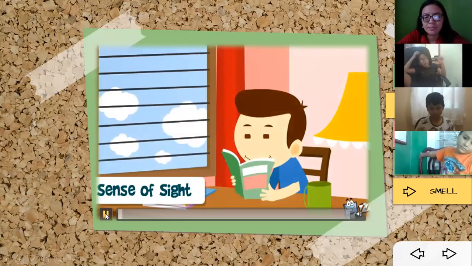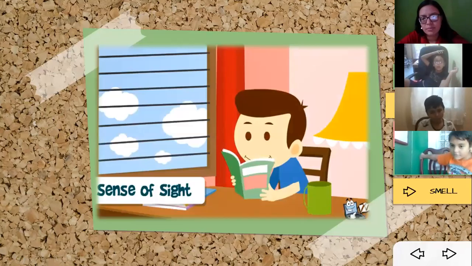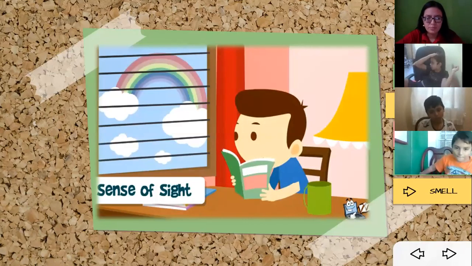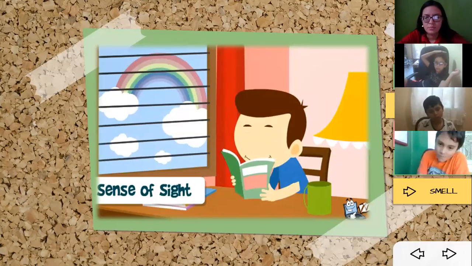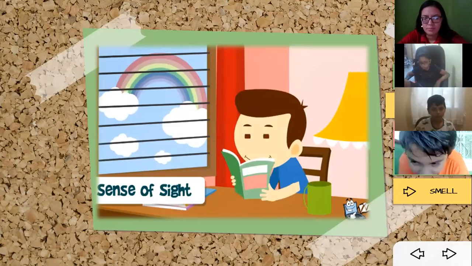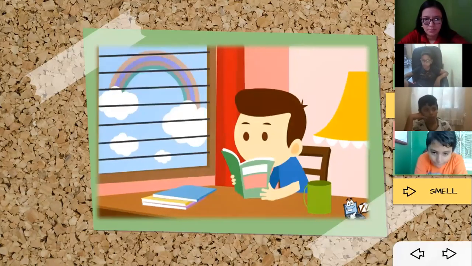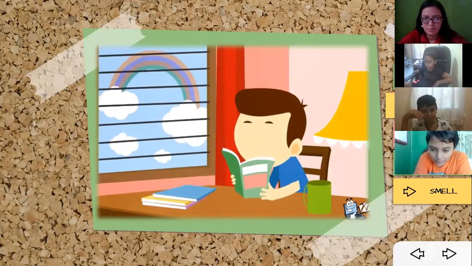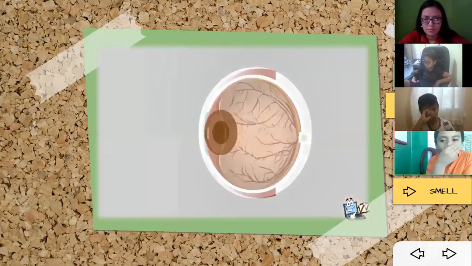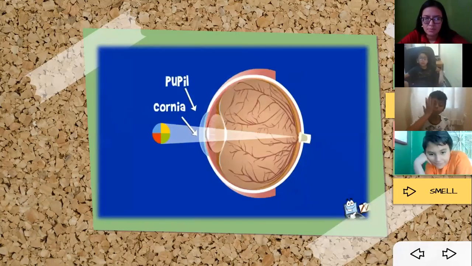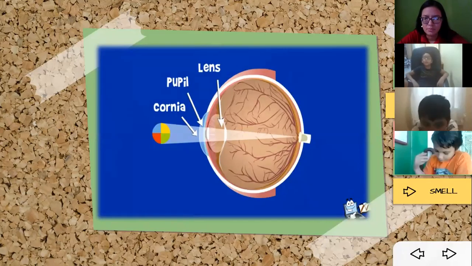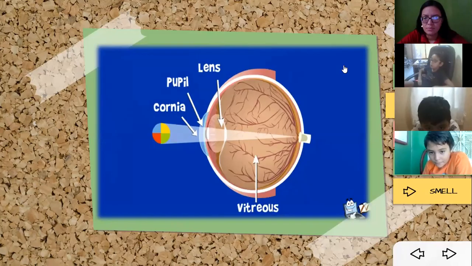First, learn about the sense of sight. Which part of your body lets you read your favorite comic book and check out the beautiful rainbow outside? Which part lets you cry when you're upset? Yes, our eyes. Let's understand how our eyes work. Rays of light enter the eyes through the cornea, pupil, and lens. These rays pass through a gel-like structure called vitreous.